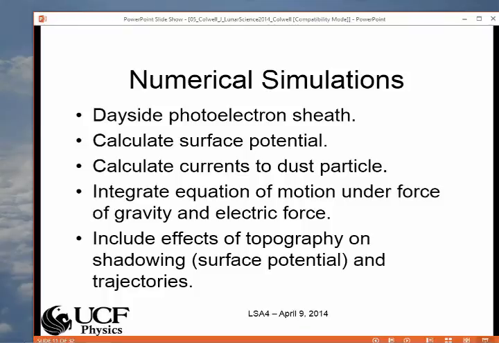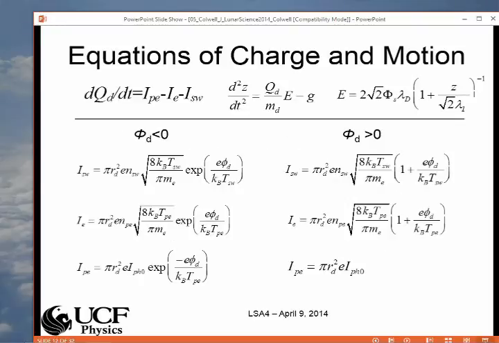Well, we've done a couple of models of those where we just numerically integrate the trajectories of particles. So we have a photoelectron sheath, as Addie described, on the day side. We calculate the surface potential, we calculate the charging currents, including the solar wind, including photoelectron emission from the particles, and say, okay, if a particle gets knocked off the surface somehow or other, it could be electrostatic separation, it could be from some thermal quake that introduces some vibrations, it could be an impact, it could be a secondary impact.